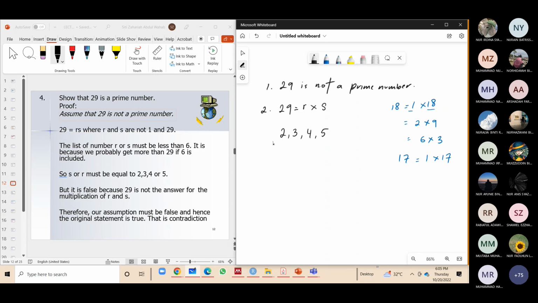Among these four numbers, can you multiply to get 29? Cannot, right? There are no numbers that multiply to 29. So we have proved that our assumption is false, meaning that 29 is a prime number.